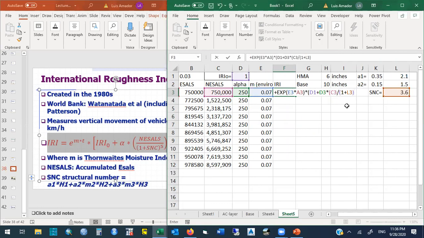And all that is to the power of 5. Close that parenthesis. That is multiplying the alpha, and I close this parenthesis, and I think I'm good to go. No, that's not correct. Something is wrong here. What did I do wrong?